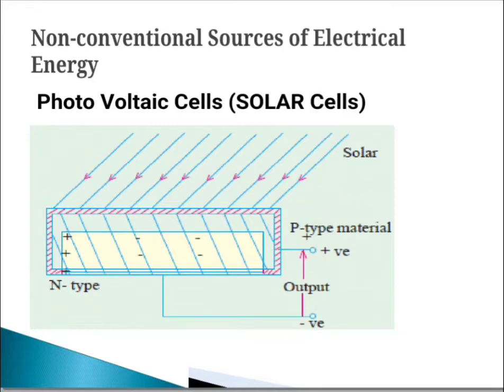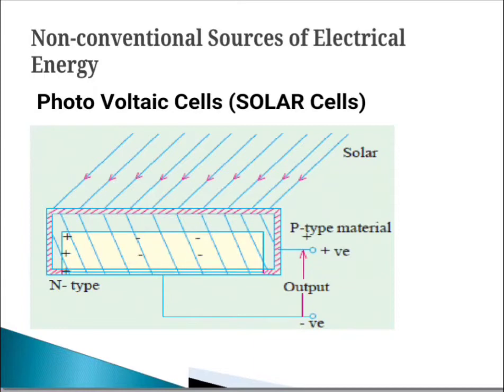We have to discuss the construction of the photovoltaic cell. Semiconductor materials like cadmium, silicon, selenium, and gallium arsenide are used for photovoltaic cell manufacturing, but mostly silicon and selenium are used. And we have to show the figure of the photovoltaic cell.